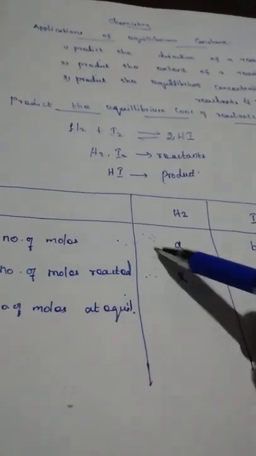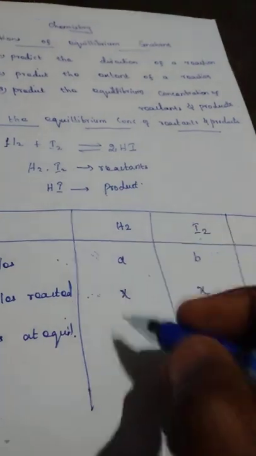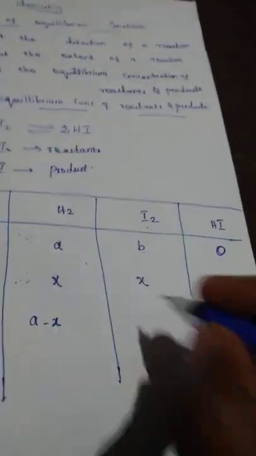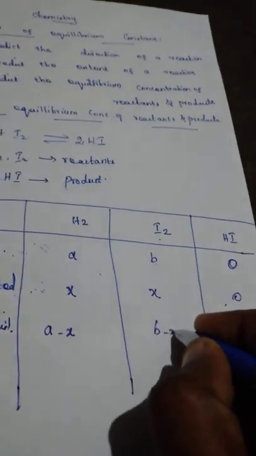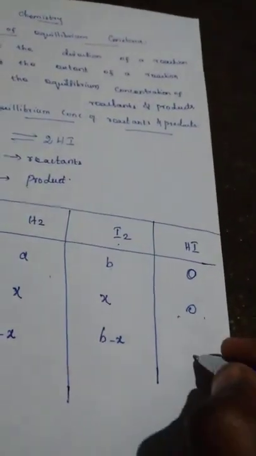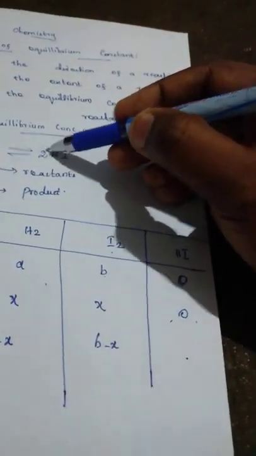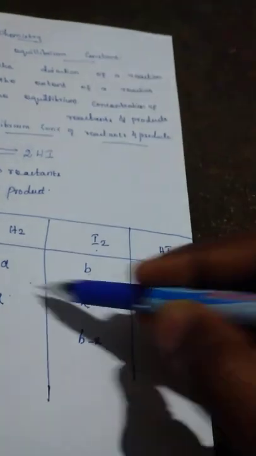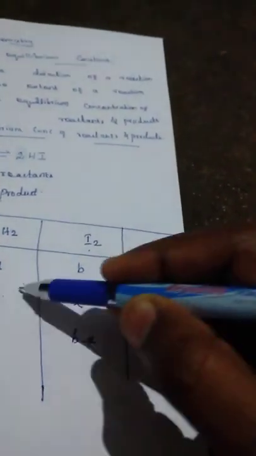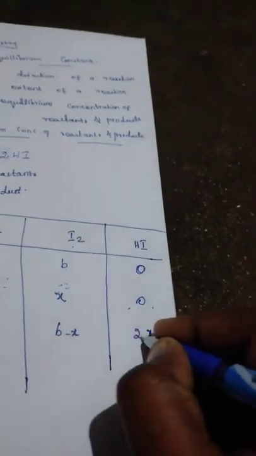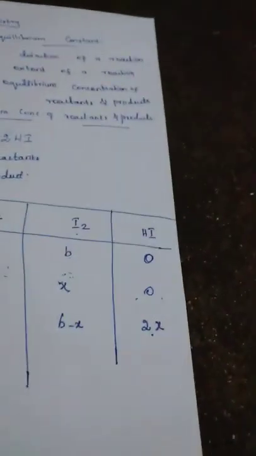So you get A minus X, B minus X, and for hydrogen iodide it is not 0. There are 2 hydrogen iodide in the equation, and on the reactant side we took X reacting, so the product formed is 2X.